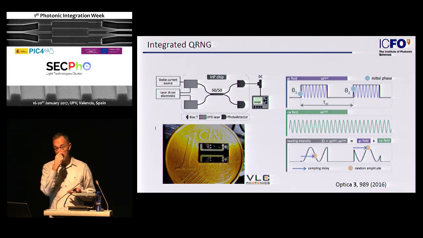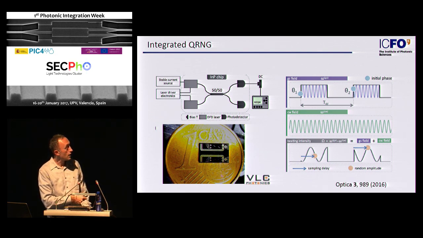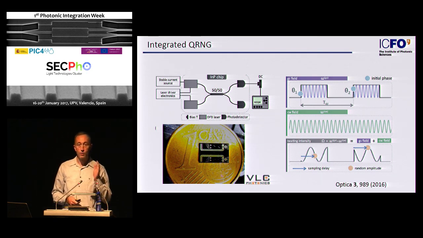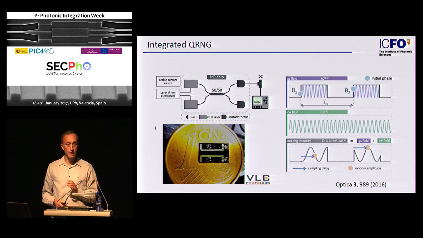And then we said, okay, let's use another concept which is widely used, which is to take a reference oscillator, a continuous wave laser, and beat two lasers. It's exactly the same, essentially. The only difference is that you will have a beat in frequency, and if you sample that beat signal at a specific time, that beat signal will arrive with a different phase delay every time, because the phase delay will depend on the initial phase of the two lasers.